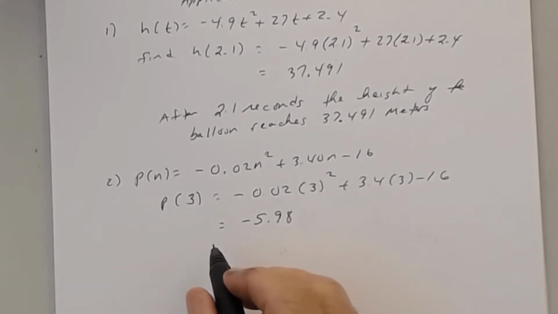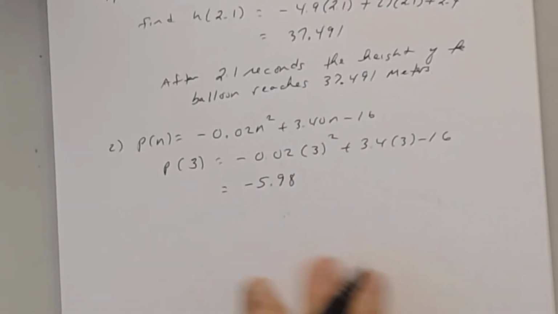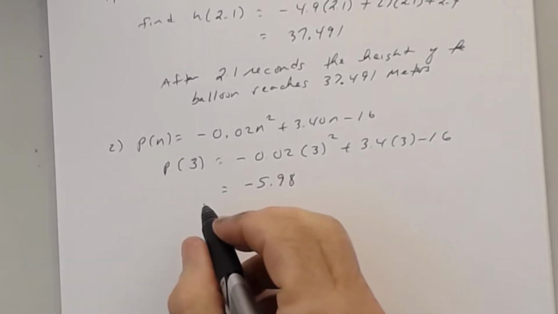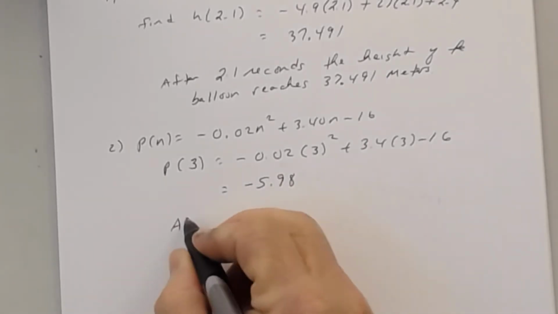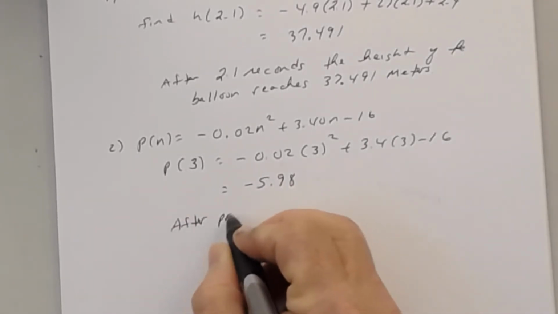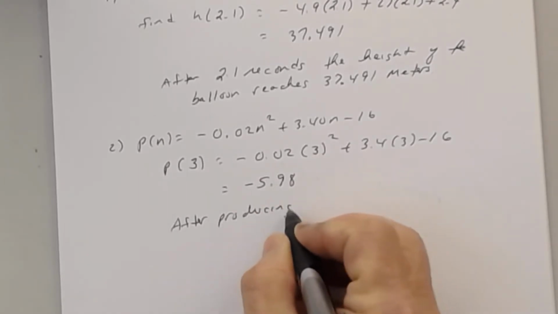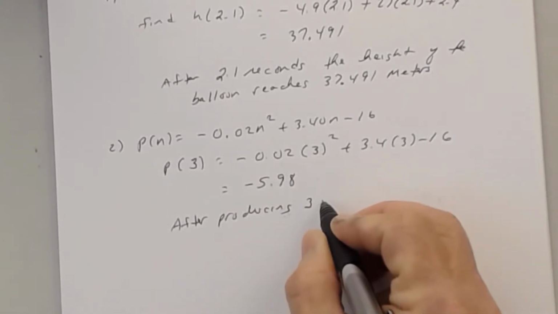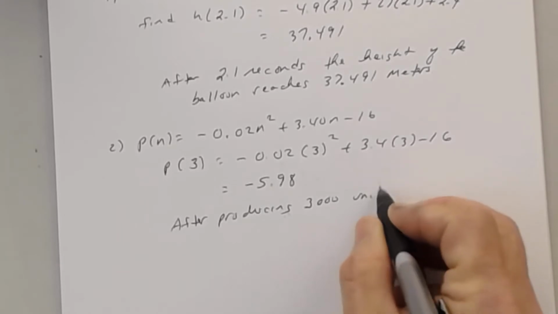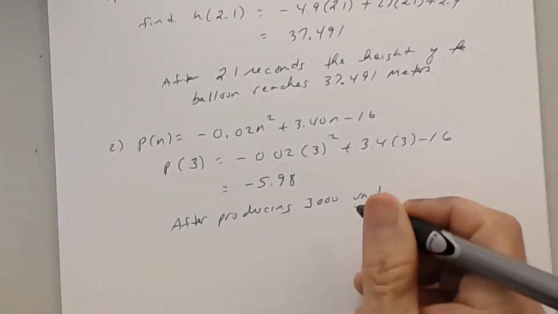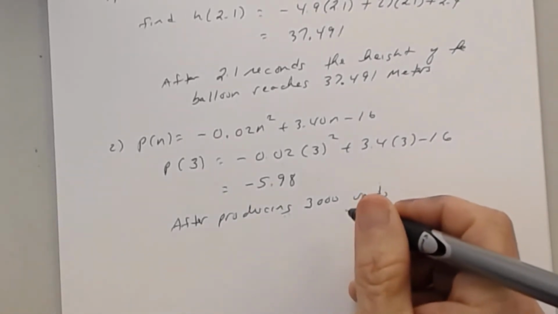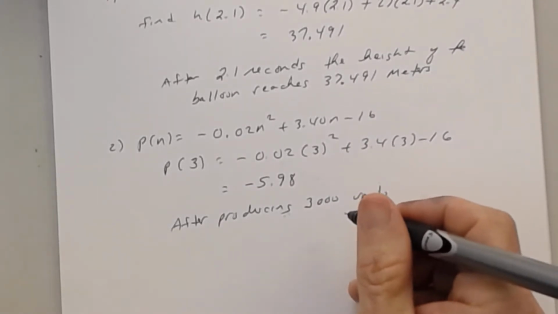So basically the interpretation would be, after producing 3,000 units, so don't just say 3 units. It's 3 thousand, because you're told that N is in thousands.